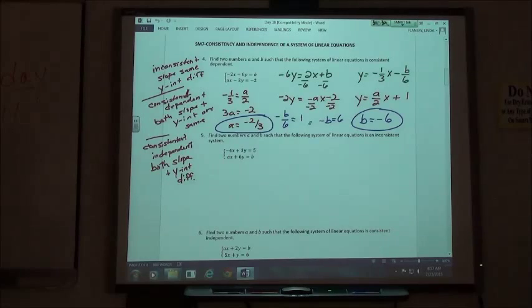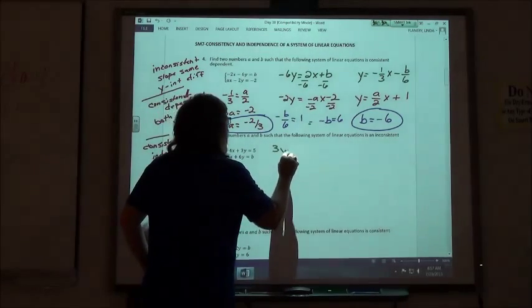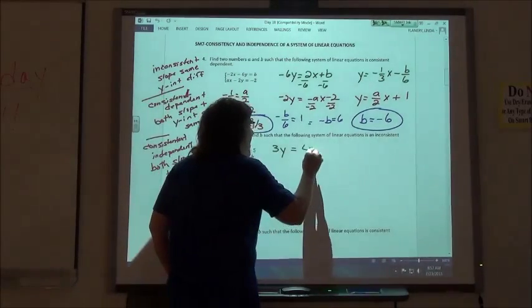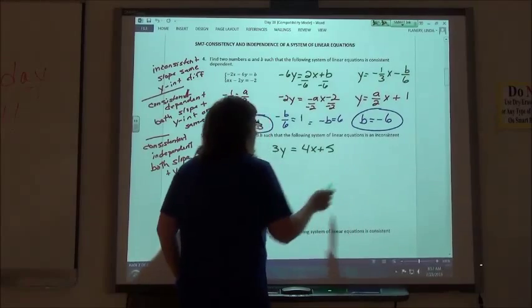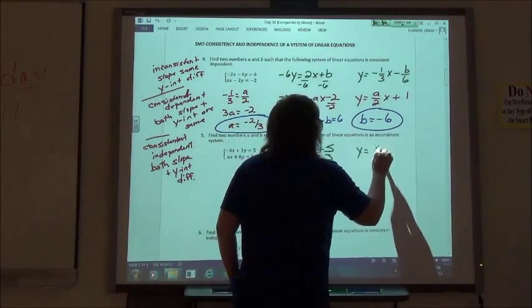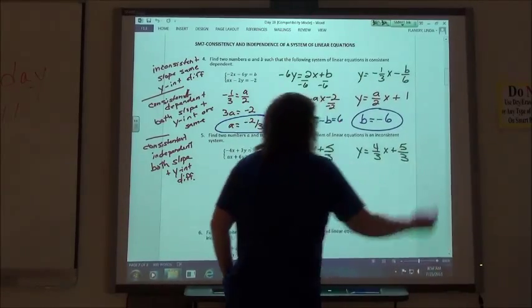So number 5, same kind of thing. I'm going to set them equal to y. So 3y is going to equal a positive 4x plus 5. I'm going to divide by my 3. So y equals 4/3 x plus 5/3.